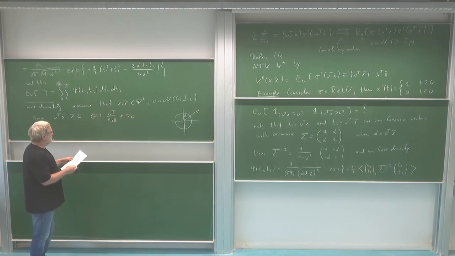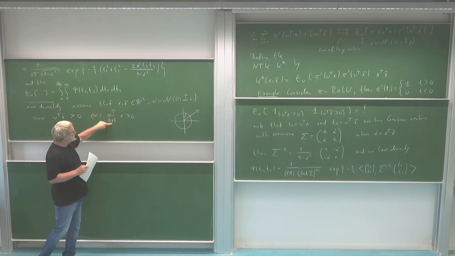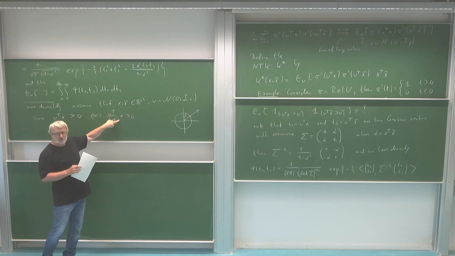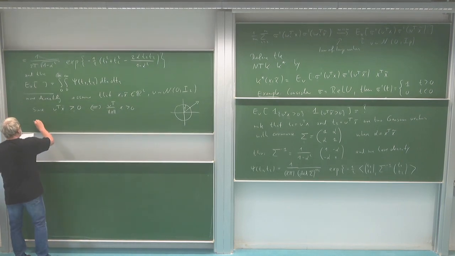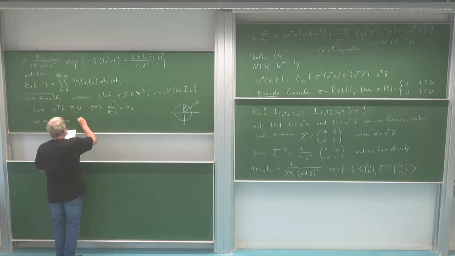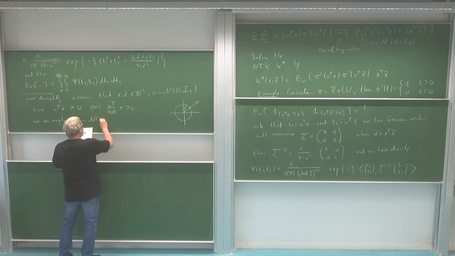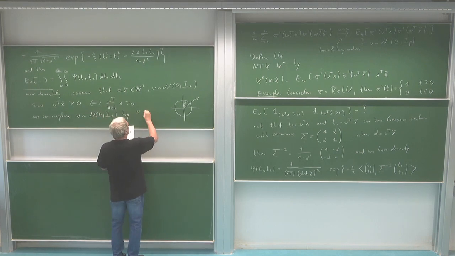Okay, but this means instead of arguing with a Gaussian random vector, I can now argue with this vector here, which just has a uniform distribution on the unit circle. So we can replace V, which has a normal distribution in 2 dimensions, by V divided by its length.